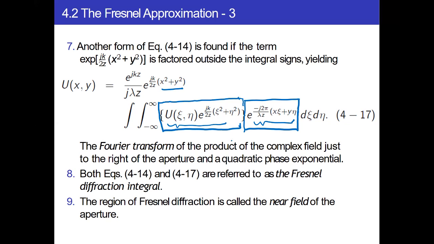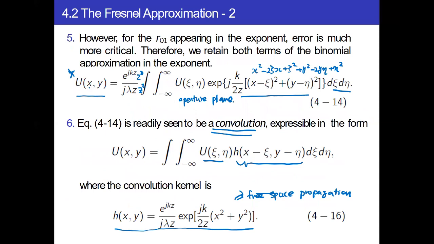So either way, equation 4.14 or 4.17 are referred to as the Fresnel diffraction integral. So this is the very important Fresnel diffraction integral. This is the starting point of every conversation we are going to have.